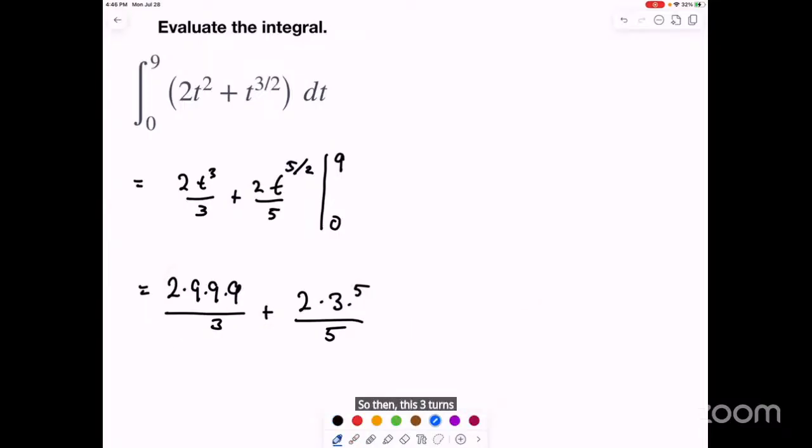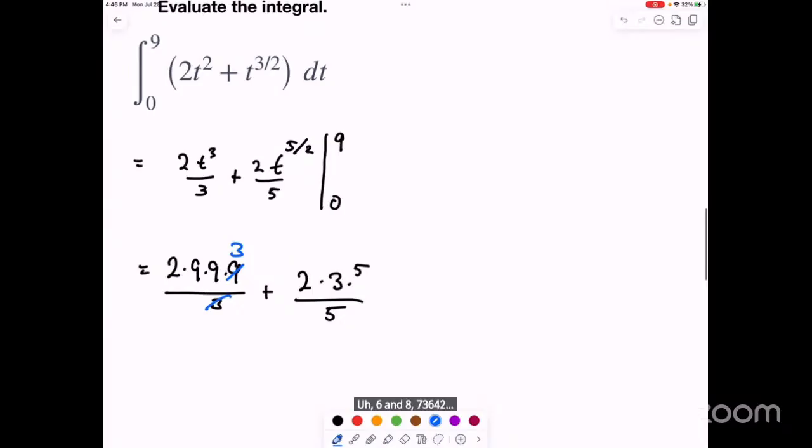So then this 3 turns this 9 into a 3. 2 times 729 is... 6 times 81? 6 times 8, 36, 42, 48, so 486. So this is going to be 486 plus, nothing cancels. 9 times 9 is 81 times 3, 243.